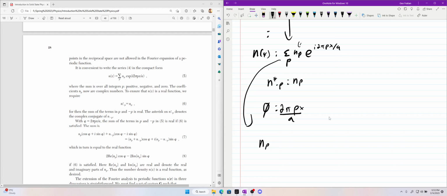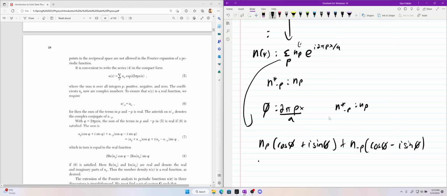as n p, cosine phi plus i sine phi, plus n negative p, cosine of phi minus i sine phi, right? From the condition that we want the sum of the terms in p and negative p to be real, such that n conjugate negative p is equal to n of p.